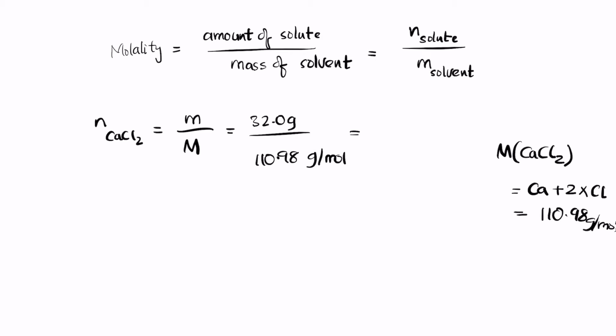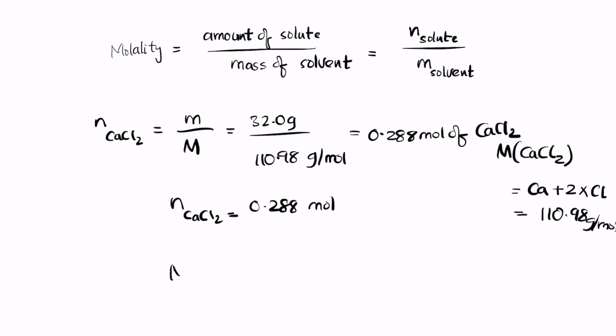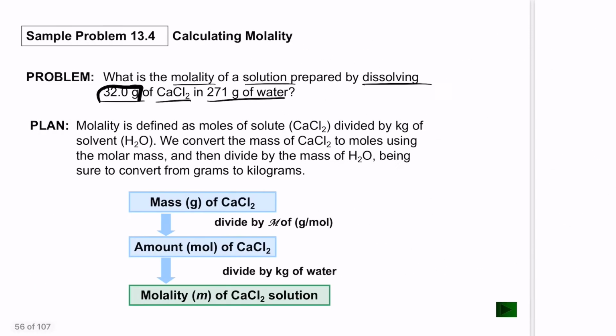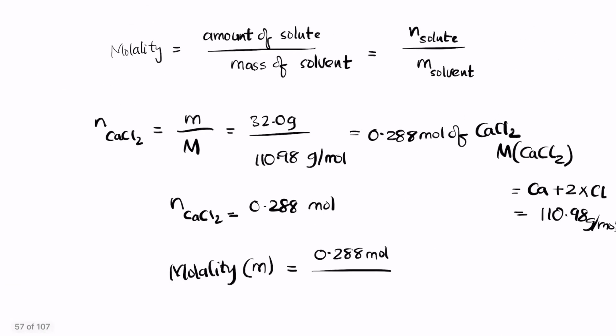So that becomes 110.98 grams per mole. When you divide, you will get 0.288 moles of CaCl2. So n of CaCl2 is 0.288 mole. Now molality, denoted by a lowercase m, is given by n of solute, 0.288 mole, divided by the total mass of the solvent, 271 grams.